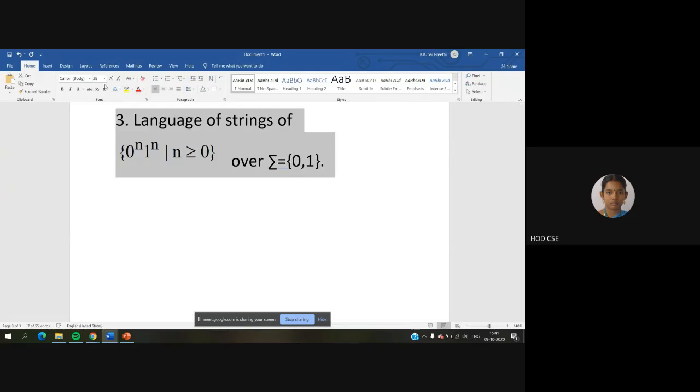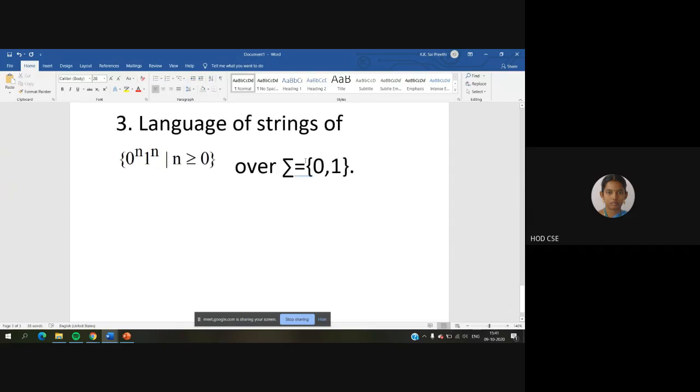Is it clear? Now you have to tell me how the language can be produced. The language is 0 power n, 1 power n, where n is greater than or equal to 0. So what is the first member of the language?